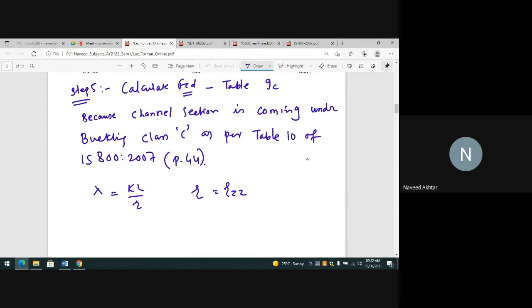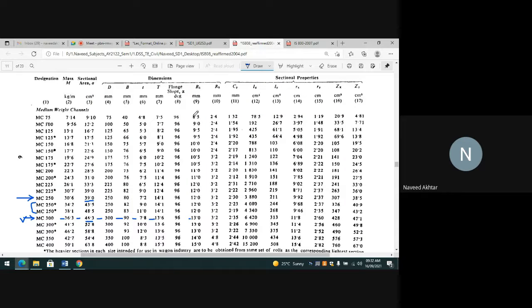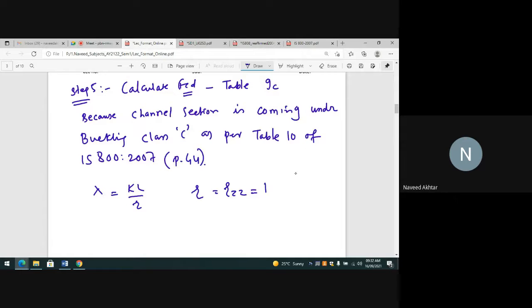That's why we will take RZZ here. The value of RZZ you can take from the steel table. You can see here this RXX is nothing but RZZ. If I proceed along this row, RZZ is 11.8 centimeter, that is 118 mm.